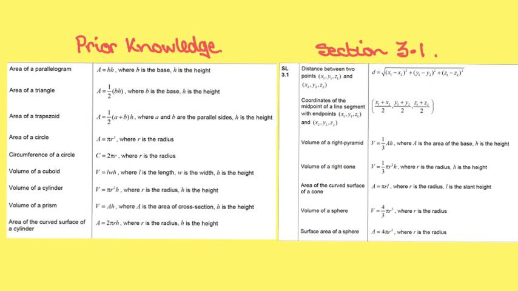Let's go through them. It's got the area of a parallelogram, area of a triangle, area of a trapezoid, remember that is a trapezium, area of a circle, circumference of a circle, volume of a cuboid, volume of a cylinder, volume of a prism, the curved surface area of a cylinder, and under section 3.1 it gives you the volume of a right pyramid, the volume of a right cone, the area of the curved surface of a cone, the volume of a sphere, and the surface area of a sphere.